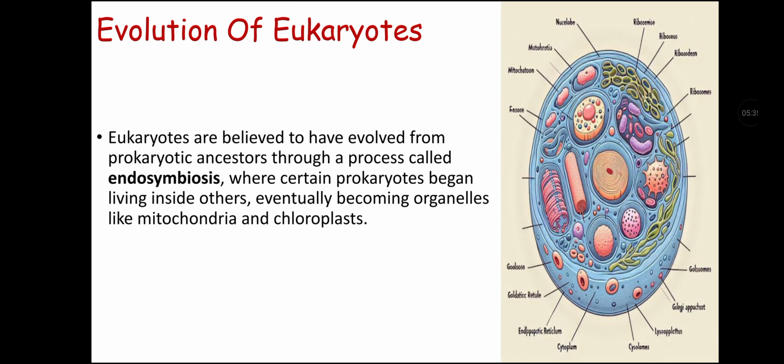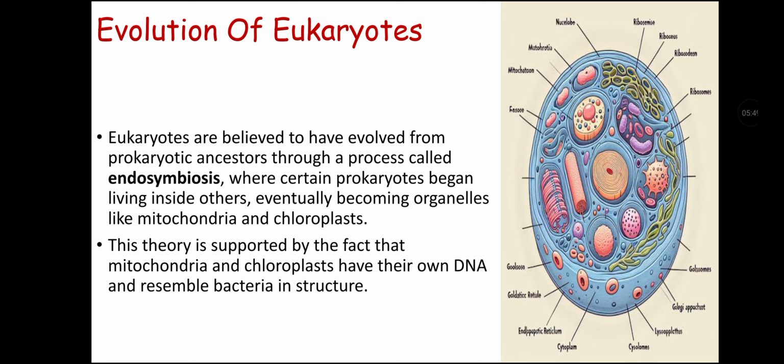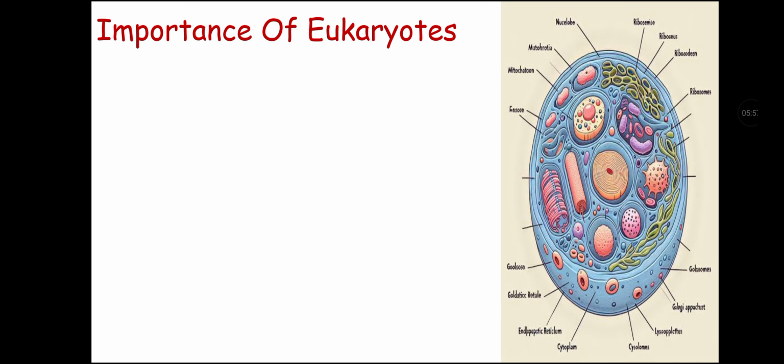Evolution of eukaryotes. Eukaryotes are believed to have evolved from prokaryotic ancestors through a process called endosymbiosis, where certain prokaryotes began living inside other prokaryotes, eventually becoming organelles like mitochondria and chloroplasts. This theory is supported by the fact that mitochondria and chloroplasts have their own DNA and resemble bacteria in structure.